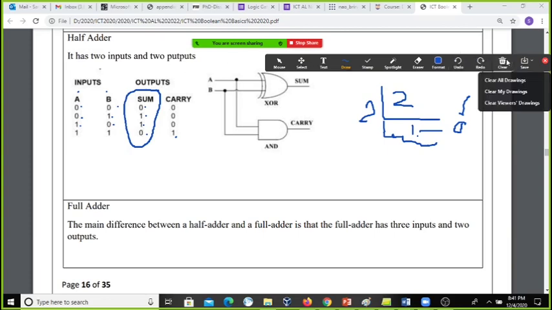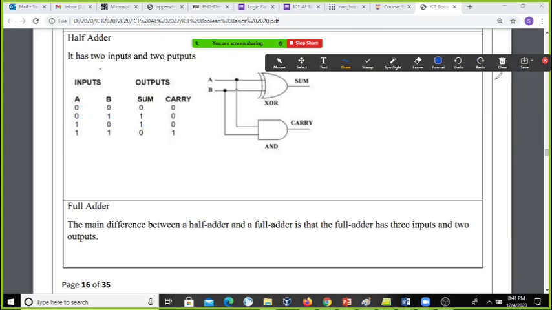Now last week we have discussed when the truth table is given, how to find the Boolean expression. So in that case you can get the Boolean expression either in the SOP or POS. So in this one, this is the input, and here this is the output.